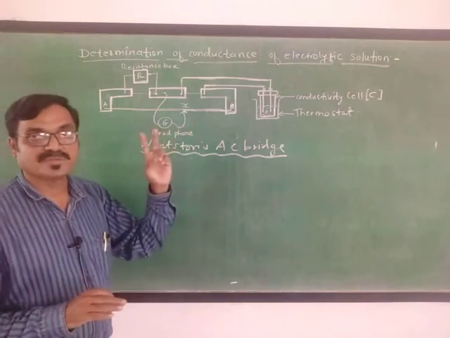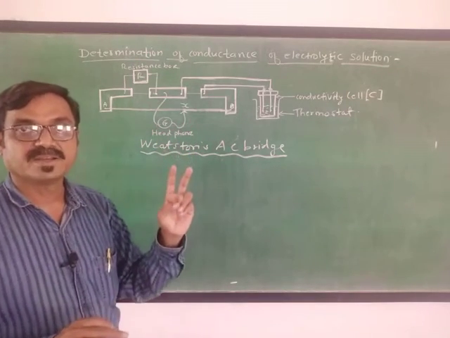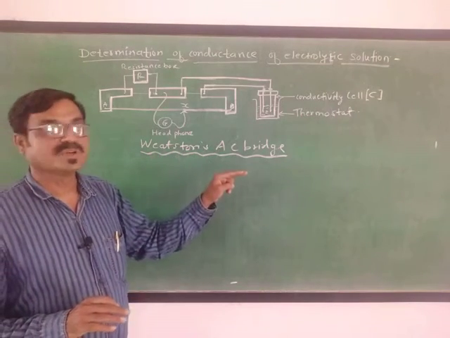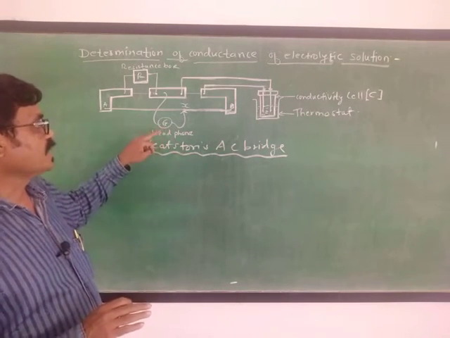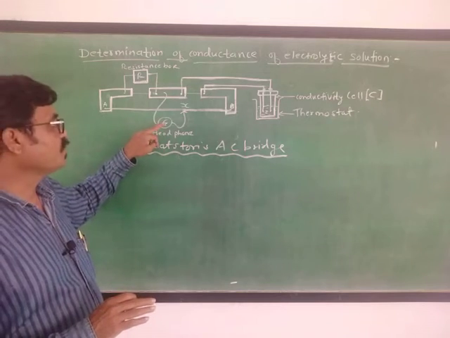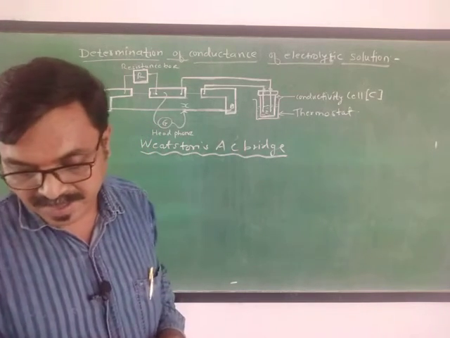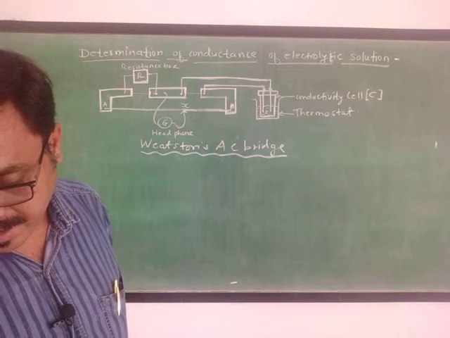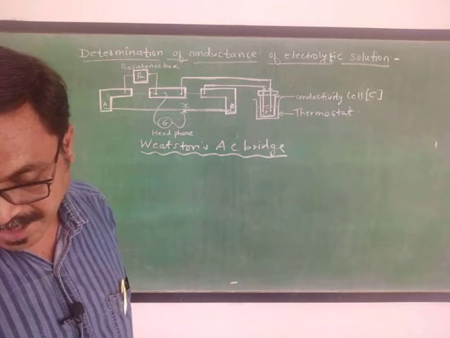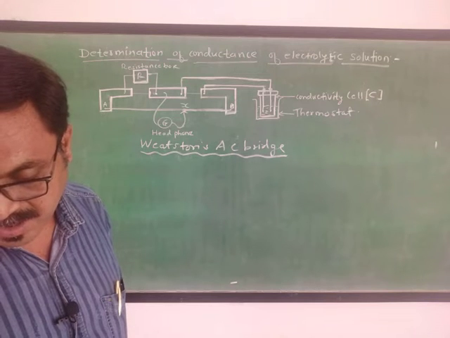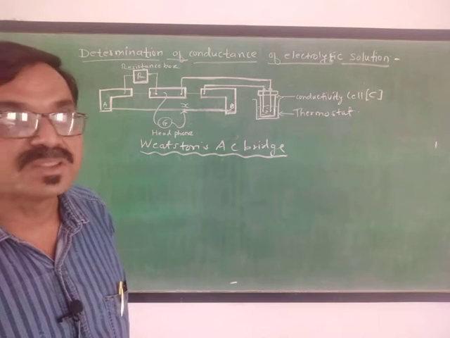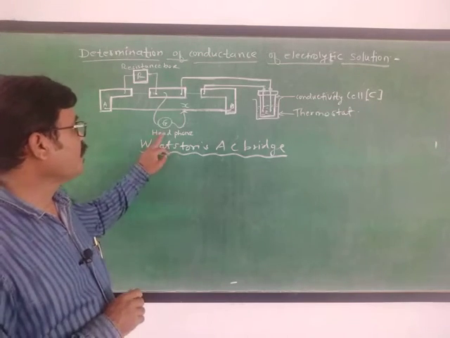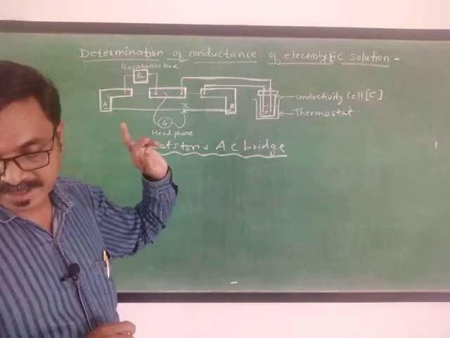Here these two difficulties due to DC current are overcome by Wheatstone's AC bridge by using a headphone instead of a galvanometer, as well as by using alternating current in the audio frequency range.